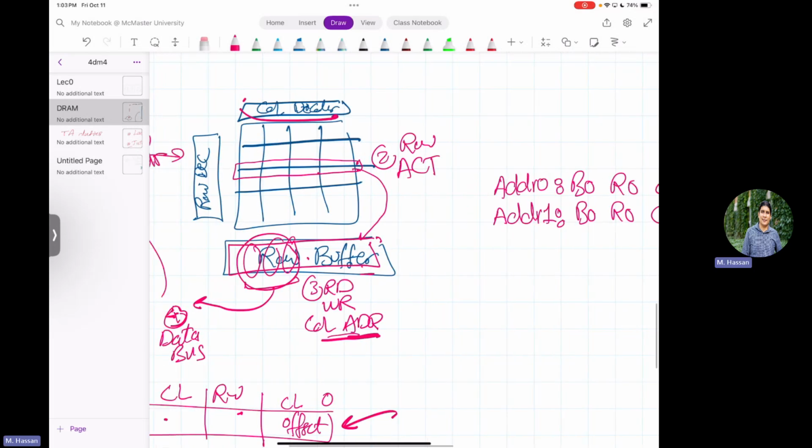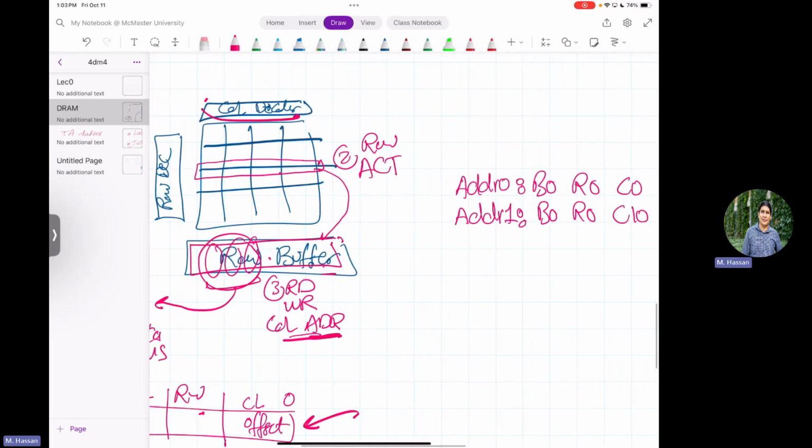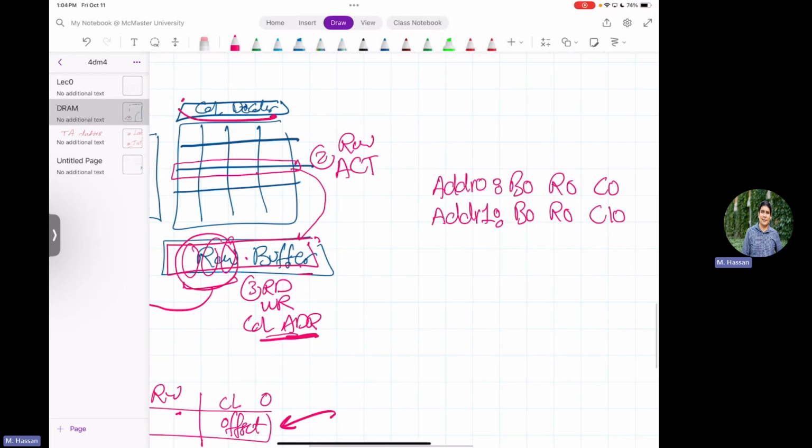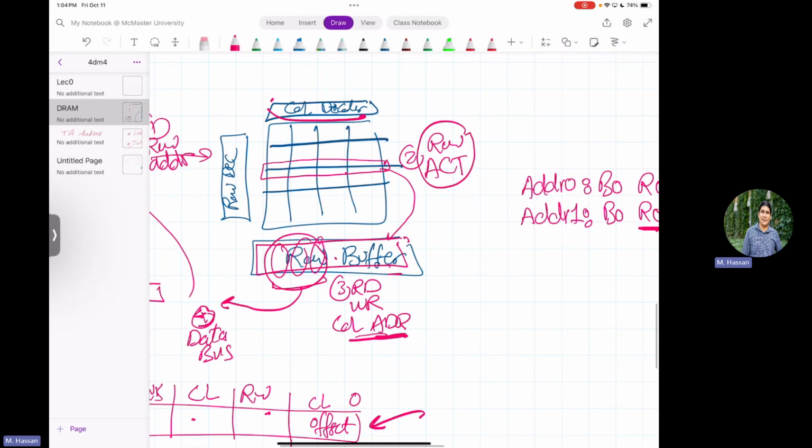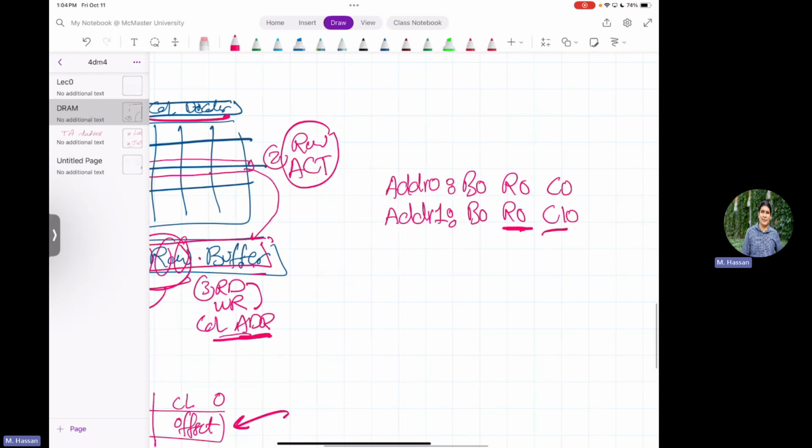Now, if you think about these steps, you have already brought the whole row to the row buffer. The row buffer works as a small cache inside the bank. So if I already have row 0 in the row buffer of bank 0, I don't need to bring it again because it's already there. So you can cut down the row activation stage and the row address stage, and jump directly to sending the column address and the particular read-write command to read the specific column, which is column 10 in that case, right?